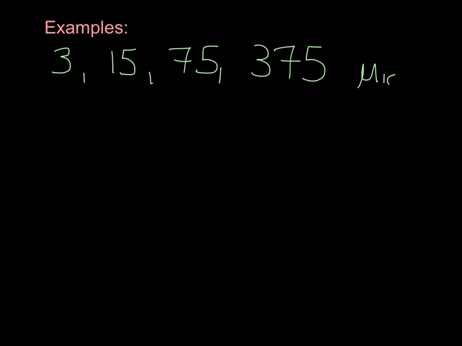So what is U10? So first we need to find a common ratio. For that we divide 15 by 3. Like that we will know that the ratio is 5.